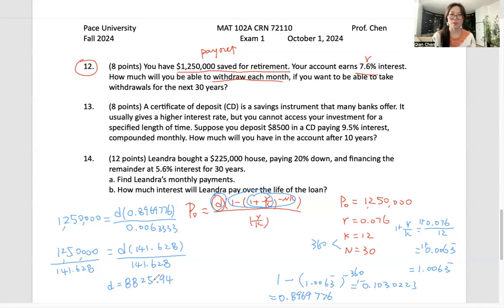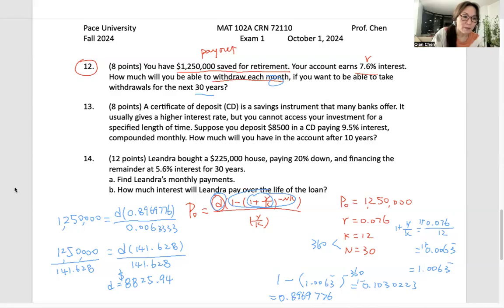Okay, so that's 12. 12 is saying if the retirement account has $1,250,000 in it with a 7.6% interest rate offered, and for the next 30 years, each month a person can withdraw $8,825.94. All right, that's 12.